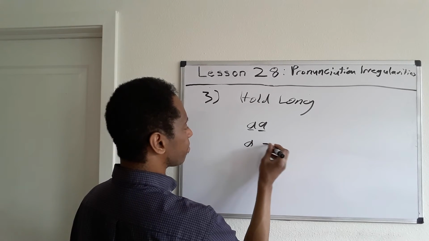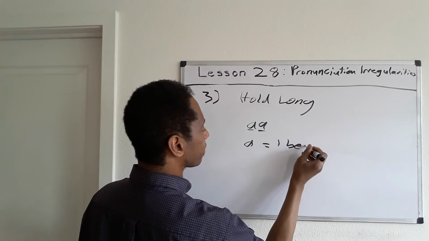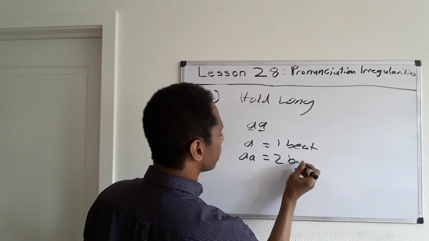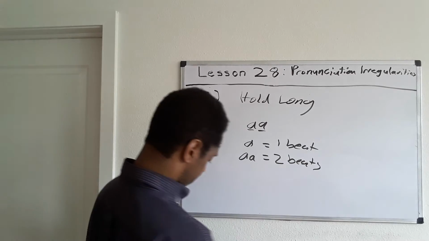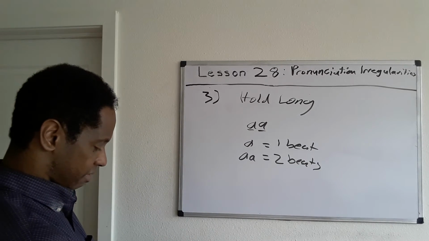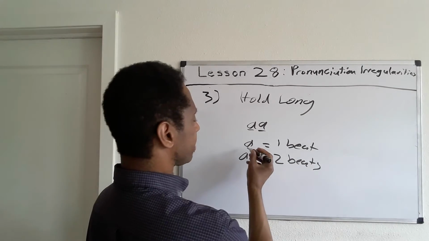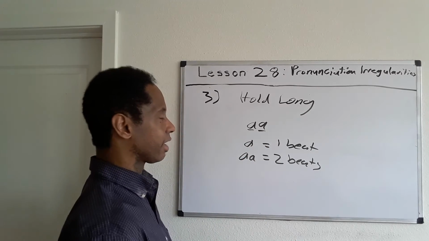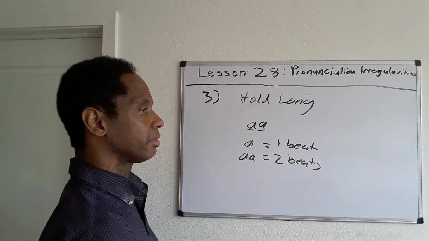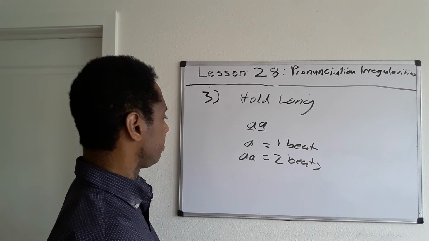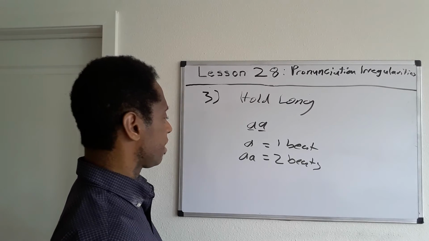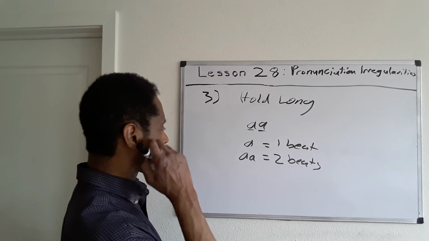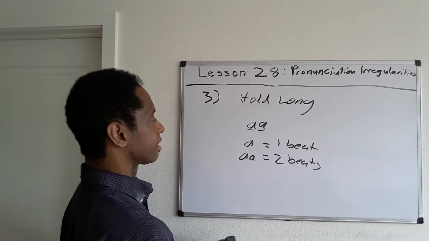Okay, one would be 1 beat, 1 count, and 2 would be 2 beats. Basically this would be pronounced as and this would be Okay, let's see, what was that? Hamburger. Okay, type of thing. So it's held out long.